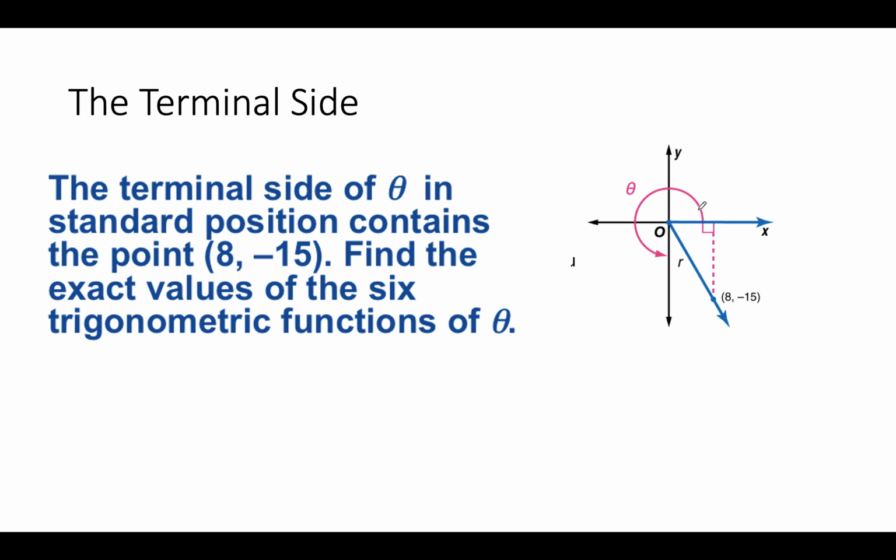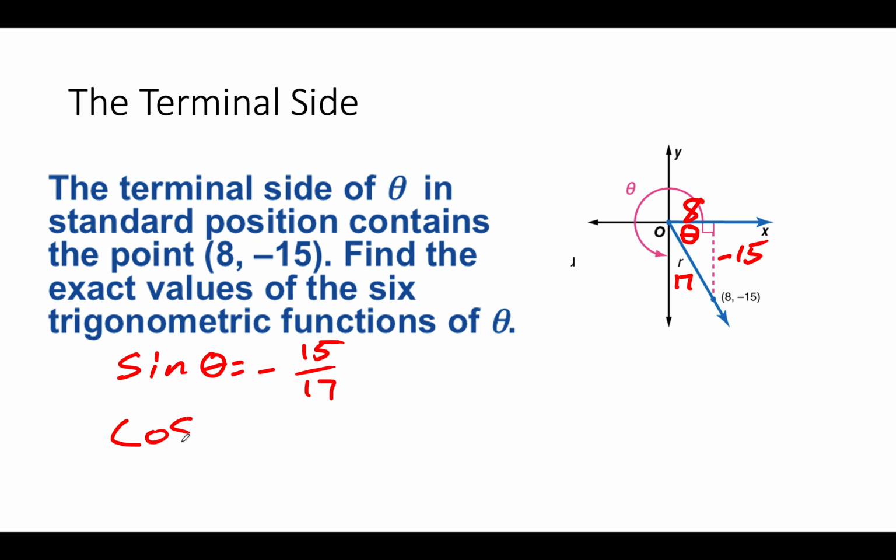So for a problem like this, I would look at this one as 8 to the right and 15 down. We use the Pythagorean theorem, and we find that r here is 17. Notice I'm in quadrant 4. My reference angle would be considered right here with the x-axis. So now when I'm finding the sine of my angle, it is the opposite over the hypotenuse, that's negative 15 over 17.